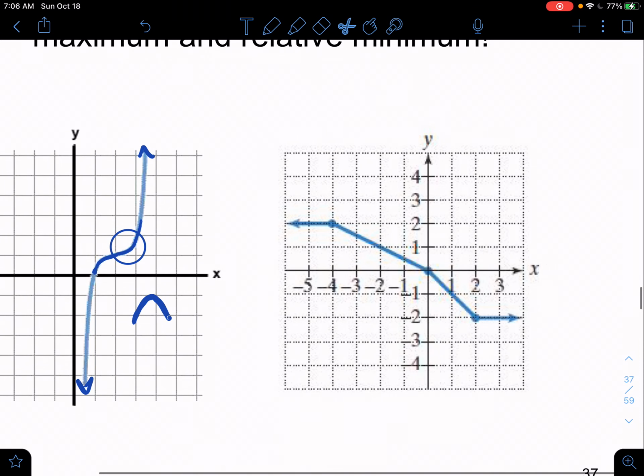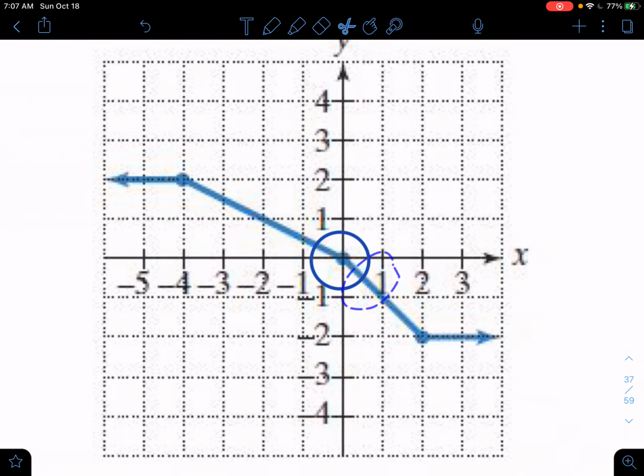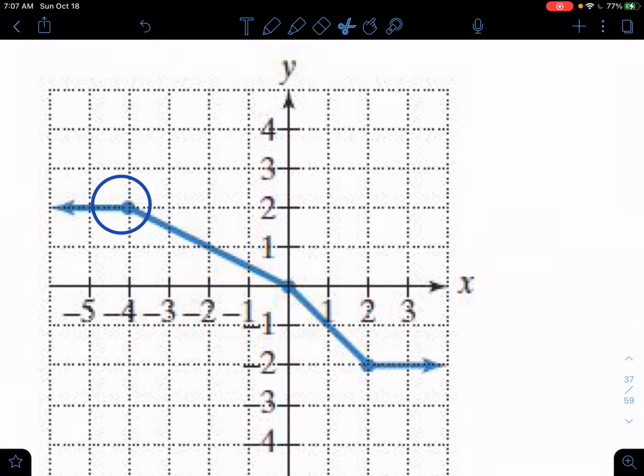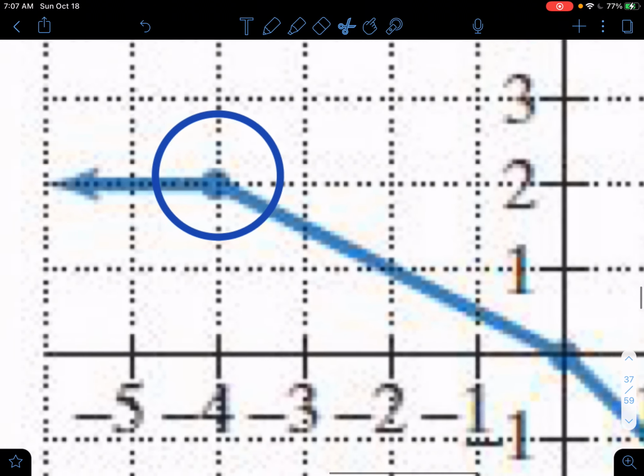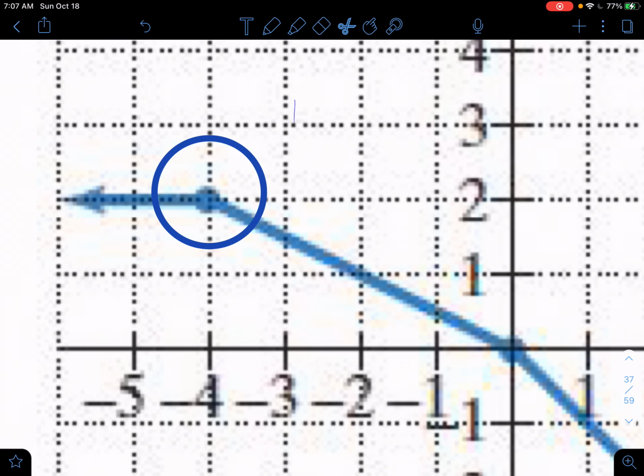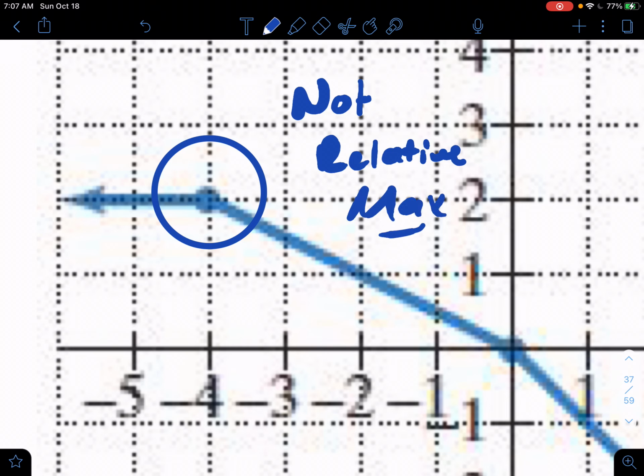Looking over here at this other graph, so a couple different points here, right? We're always looking at our turning points. Right here, this would not be a relative max. And the reason for that is because, yes, it does look like a max coming in from this side, like we're getting to a high point here, but over here, this is staying constant.